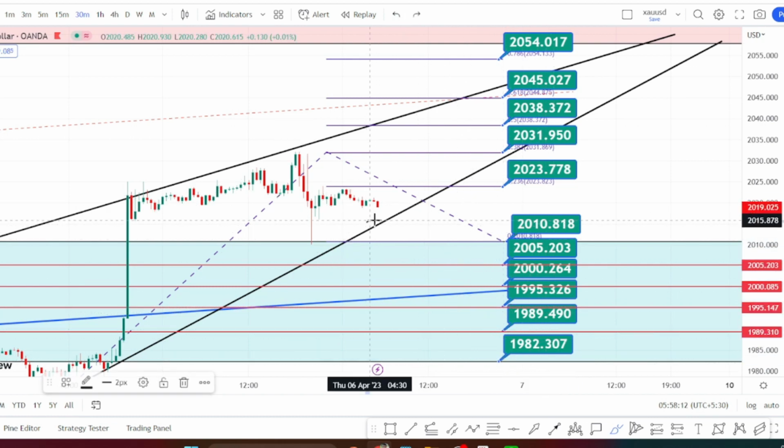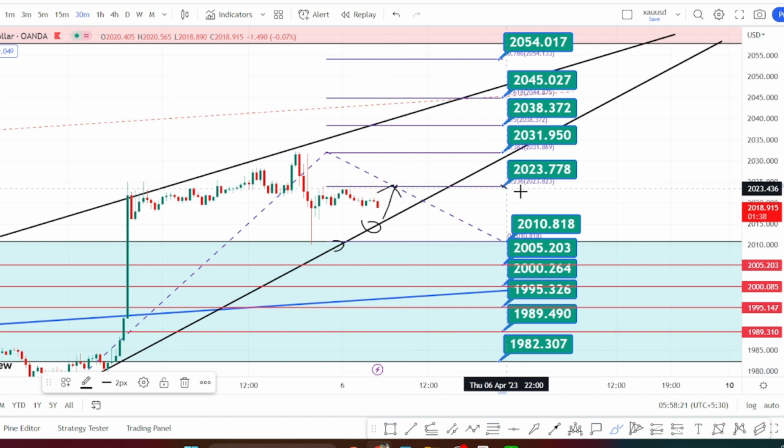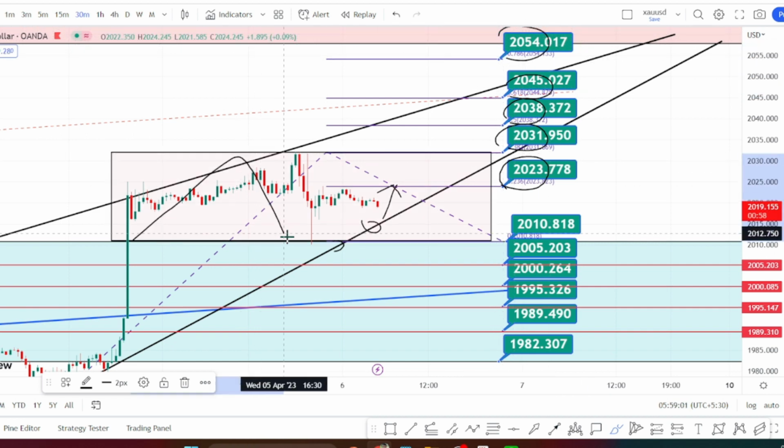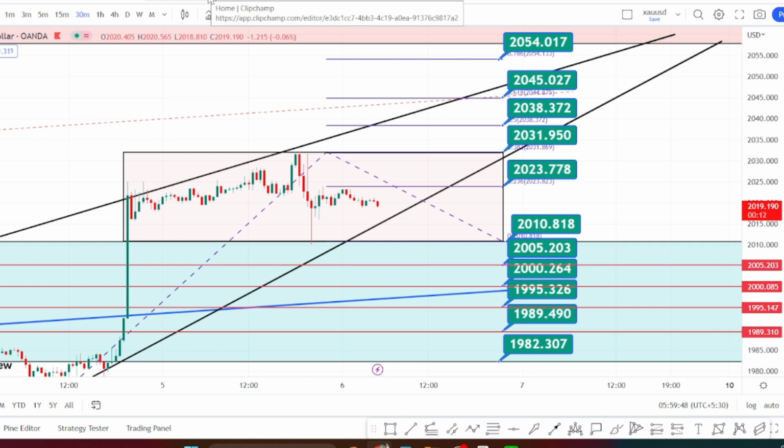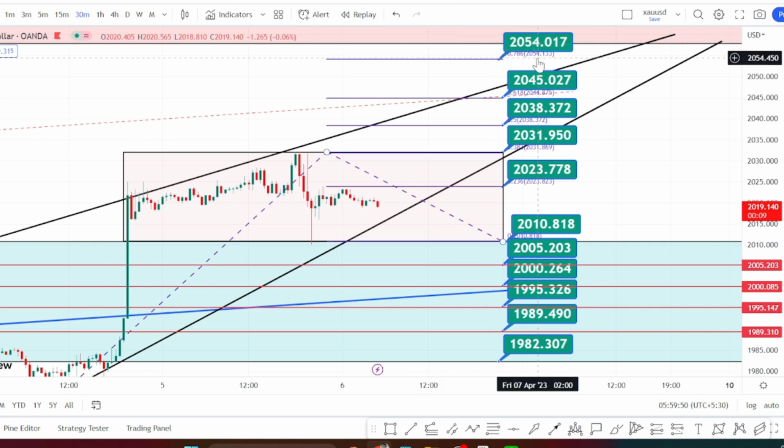And on the bullish side, if the price action takes support on the support line from the hourly time frame and bounces back on the bullish side retracement, the immediate resistance is going to be around 2023, 2031, 2038, 2045 and 2054. For now, the price action is trading sideways within this resistance level of 2031 and support level of 2010. Let us look at the price action in 15 minutes time frame.